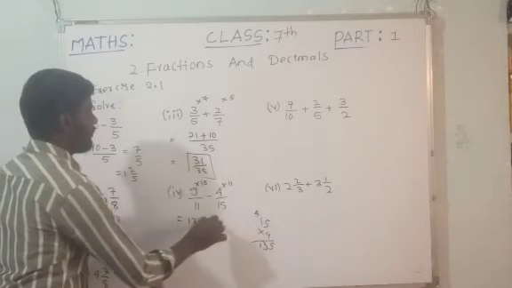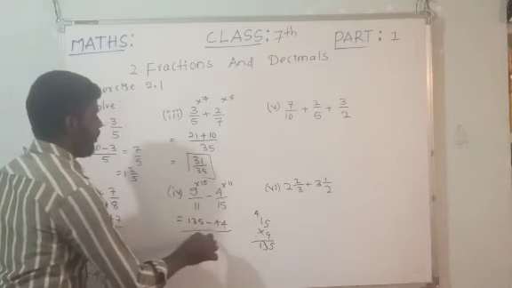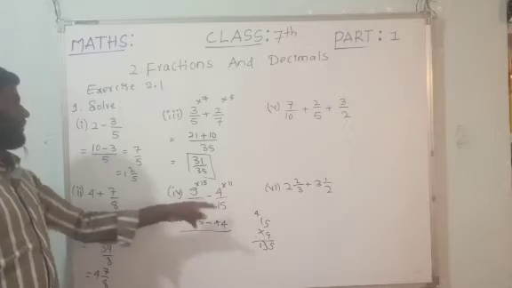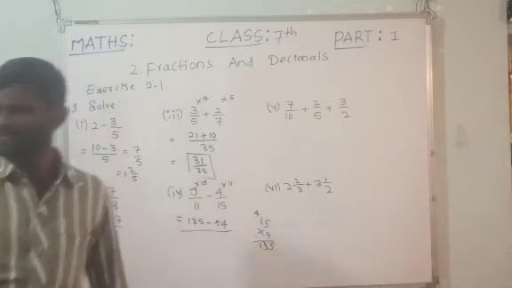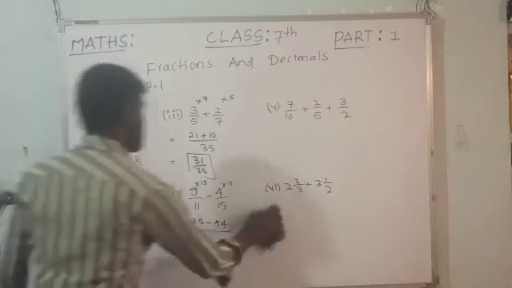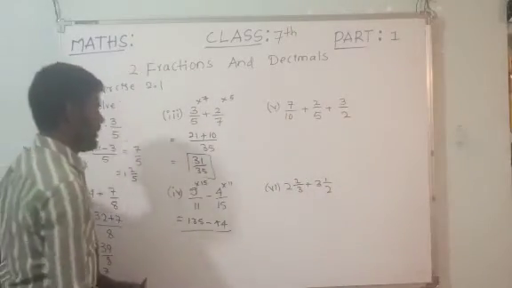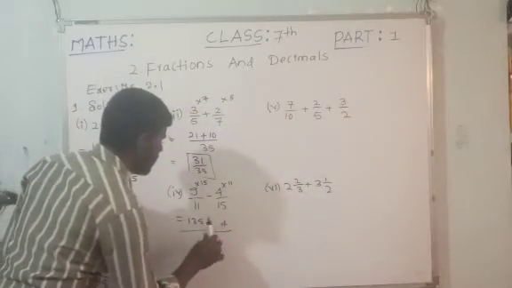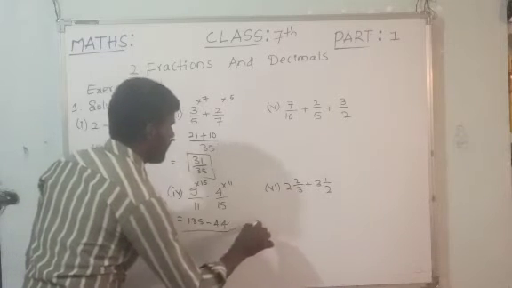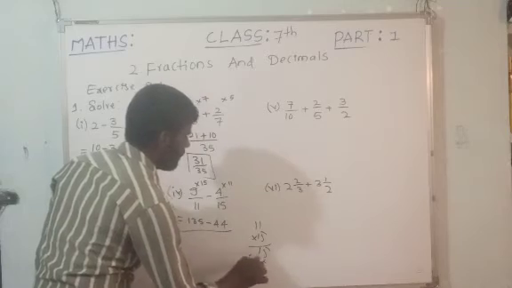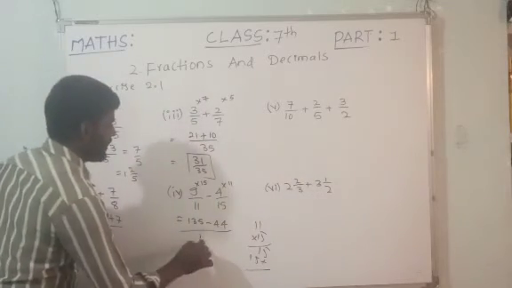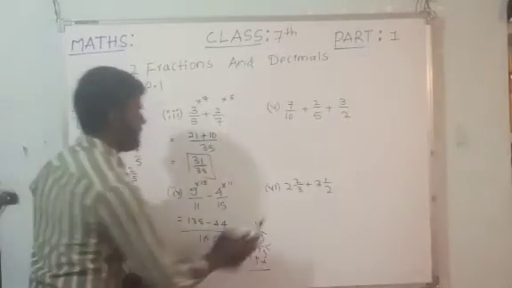135 minus 11 4s are 44, all divided by the LCM between 11 and 15. This is 44, and 11 into 15 is 165, this is the 165 LCM.